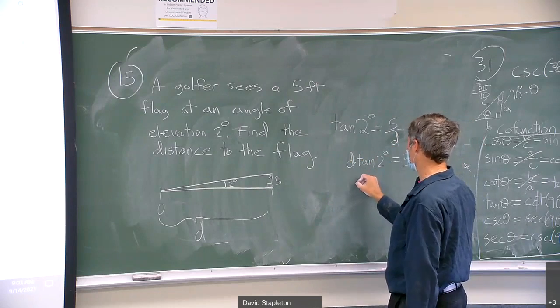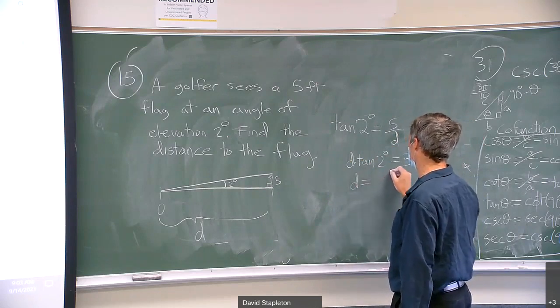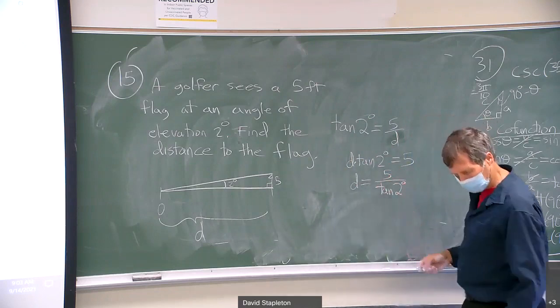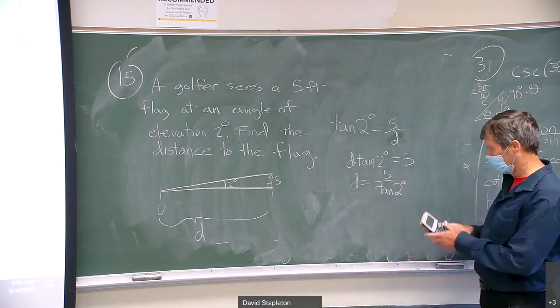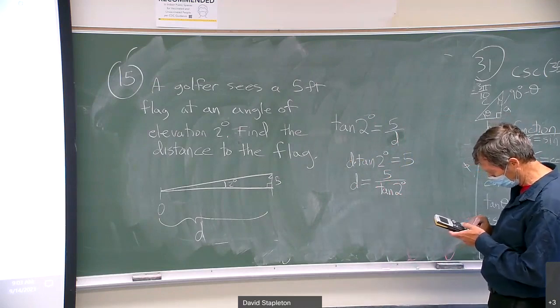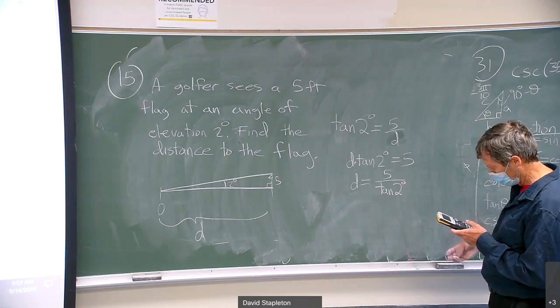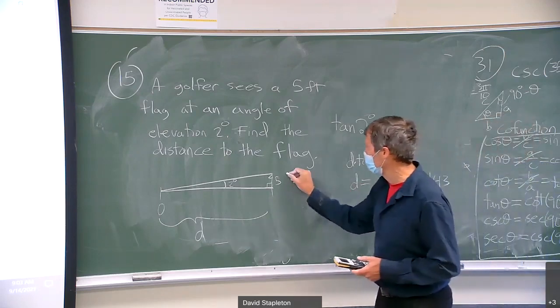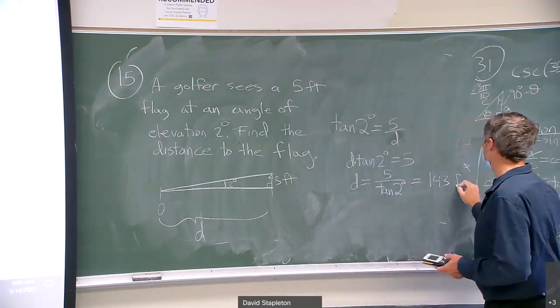There's lots of ways to do this algebraically. Divide by tangent 2 degrees, get d equals 5 divided by tangent 2 degrees. This isn't degree mode. That gives me 143. Since 5 was measured in feet, this will also be in feet.